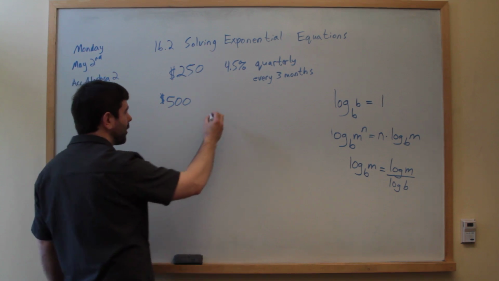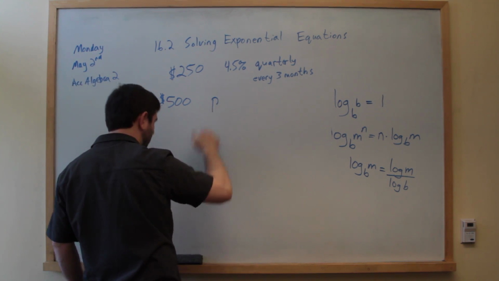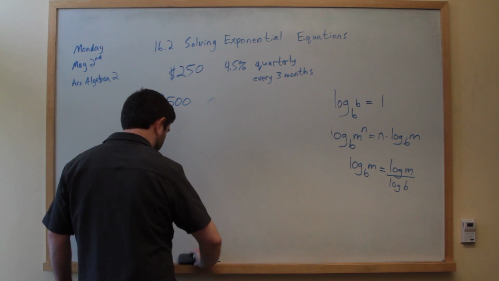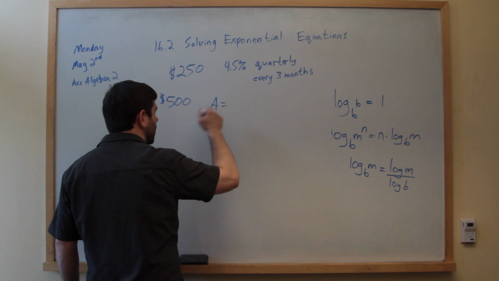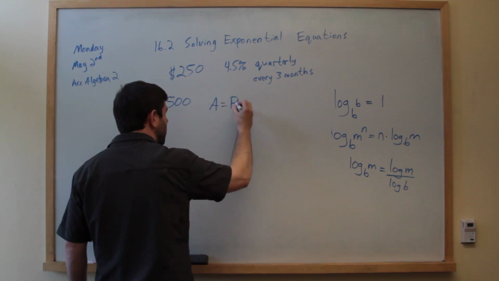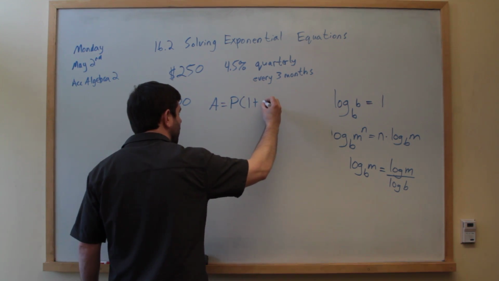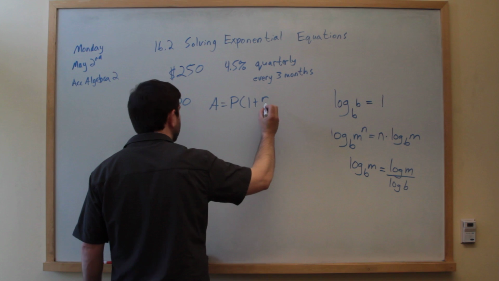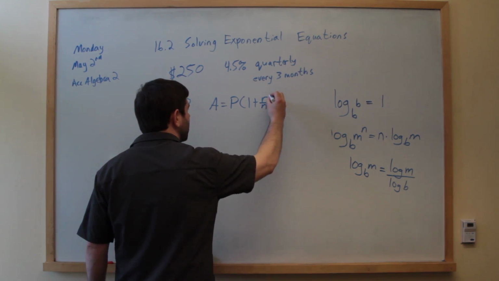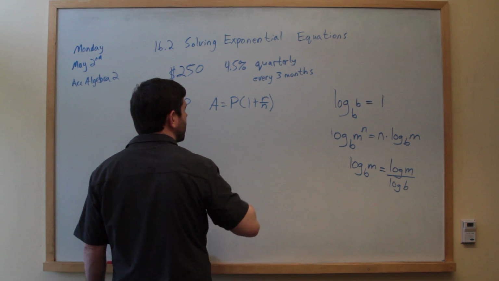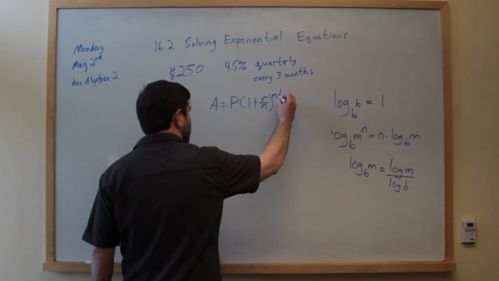Well, if you remember the formula A equals P times 1 plus r over n, to the power of nt.